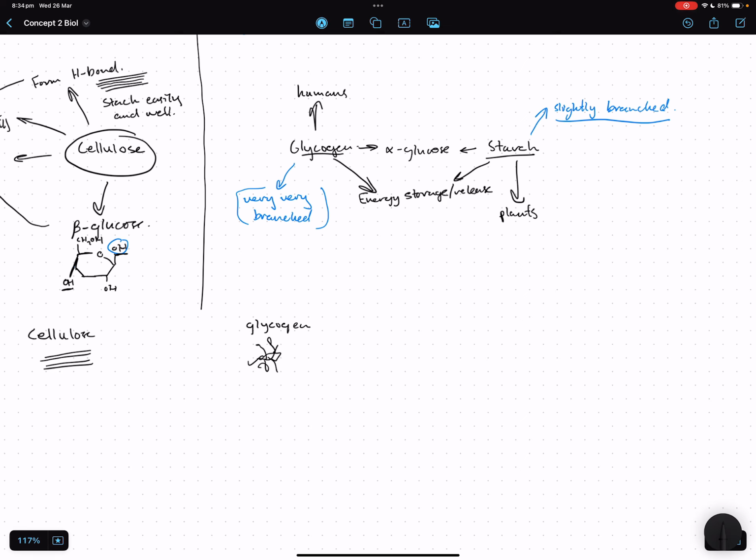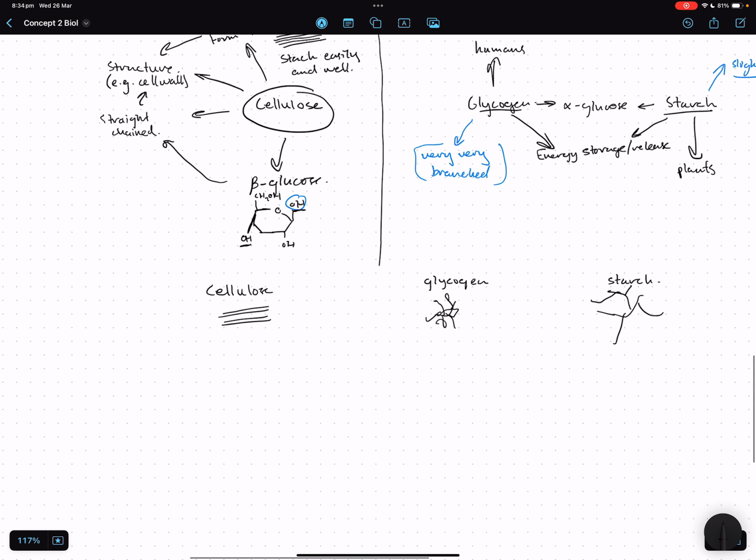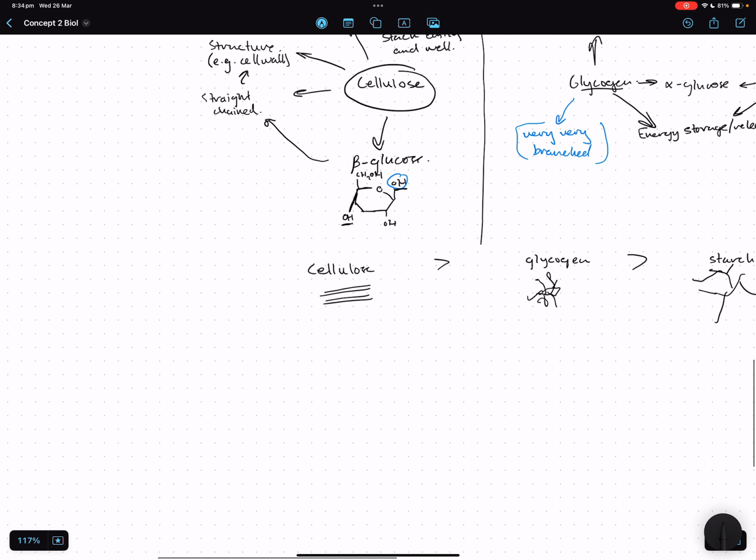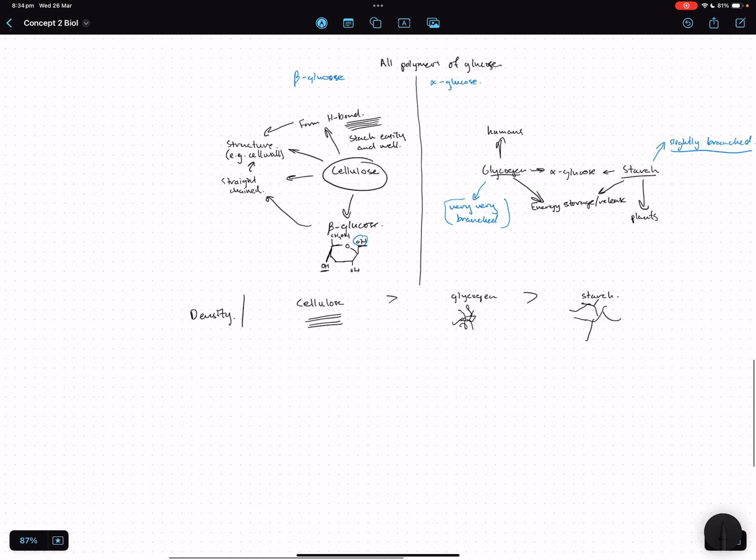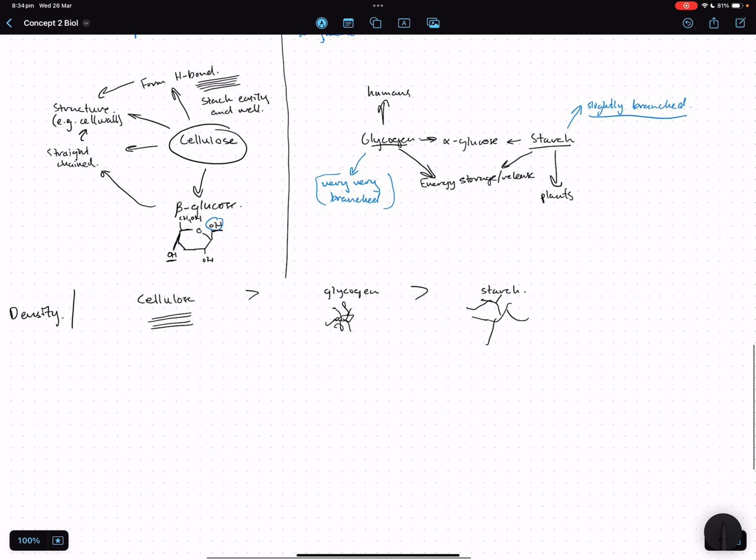That's glycogen. And then for starch, you have more branches, but they're further away, so there's less branching, so it's less dense. So cellulose is greater than glycogen, which is greater than starch in density. And now we can break down starch.